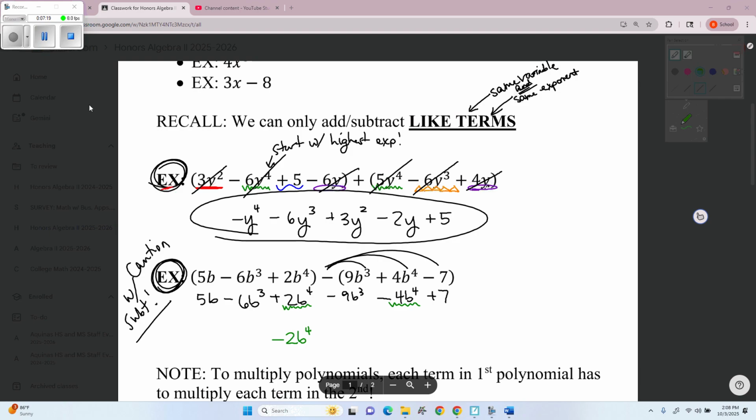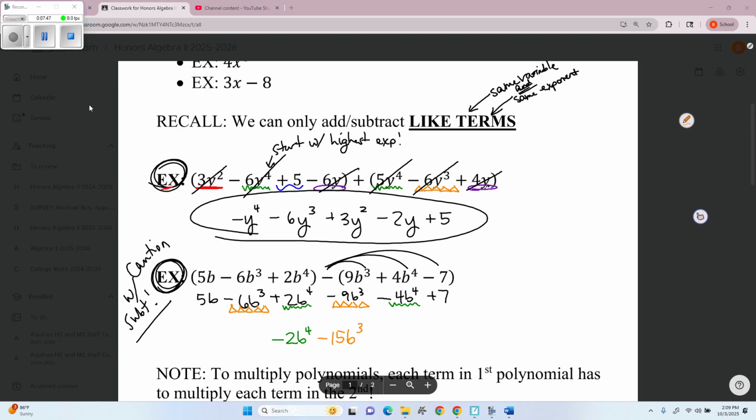Next one down, we do have b cubed. If I follow the way we did this up above, so the b cubed, and then the other b cubed over here, we can combine them because they are like terms. So a negative 6b cubed and a negative 9b cubed, we should end up with a negative 15b cubed.